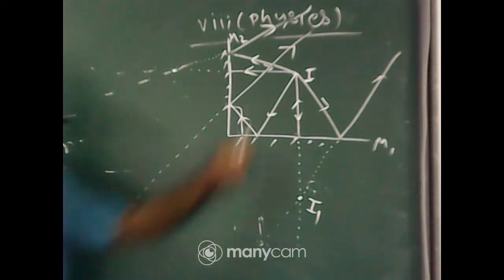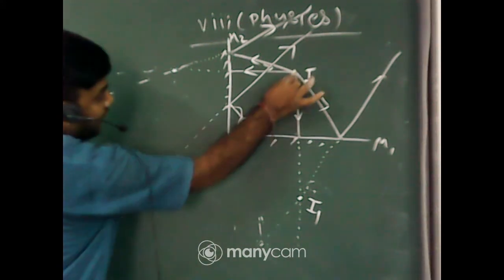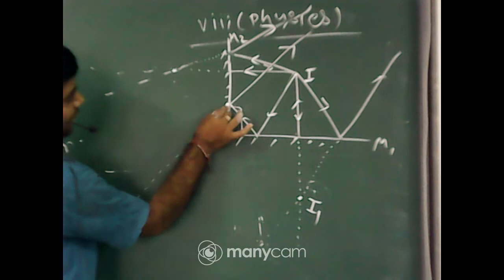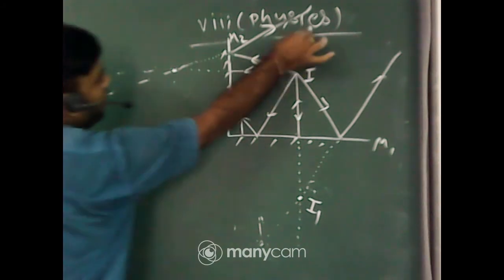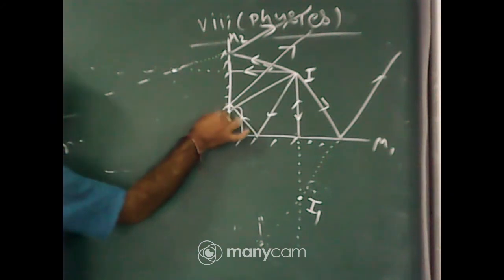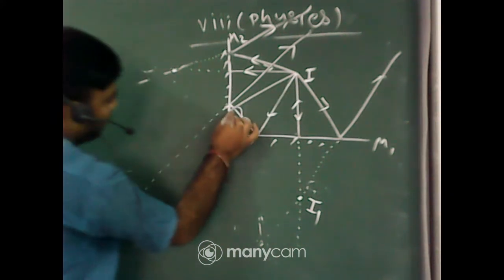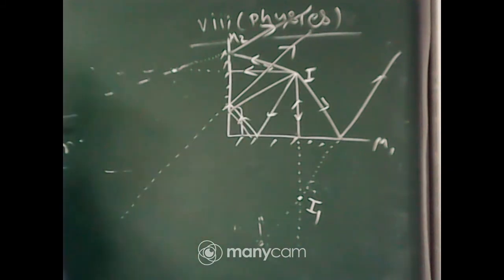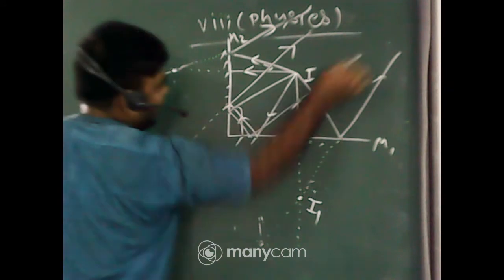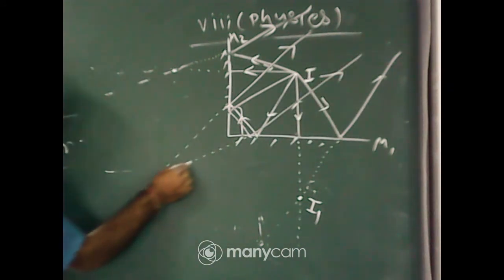And another ray, watch carefully: the ray comes to M1, then reflects at M2, then bounces back this way. And another ray falls on M2, then reflects at M1, returns this way, and extend it.